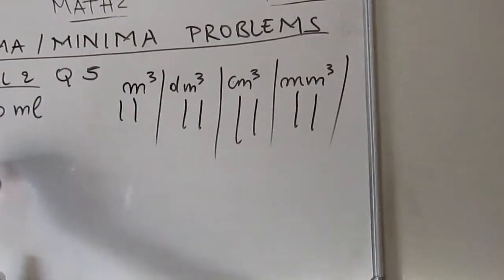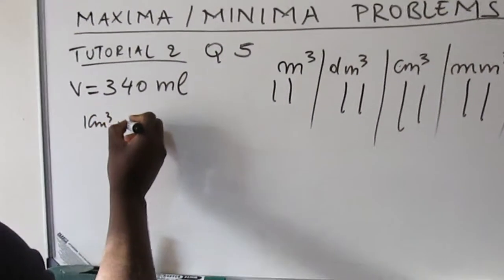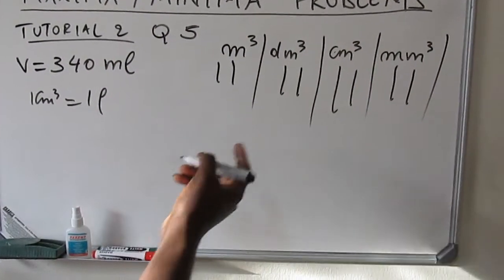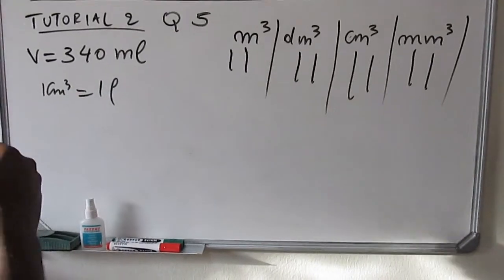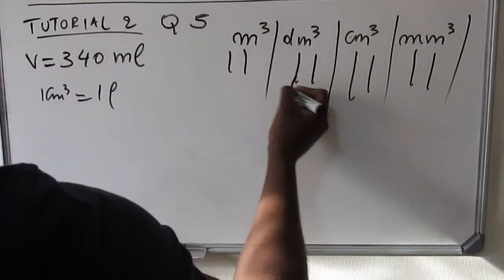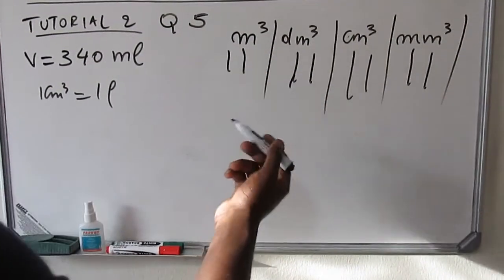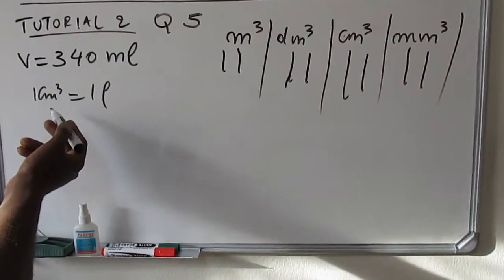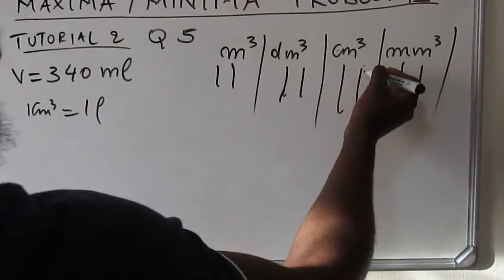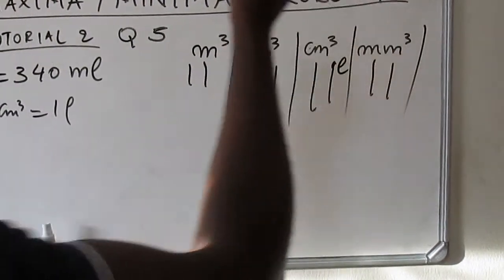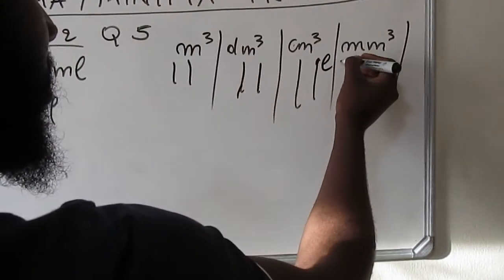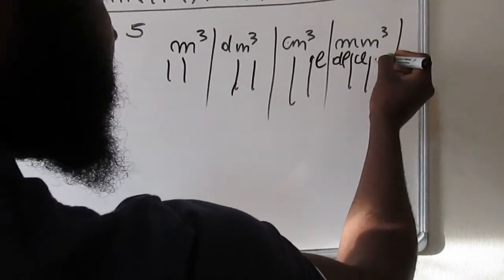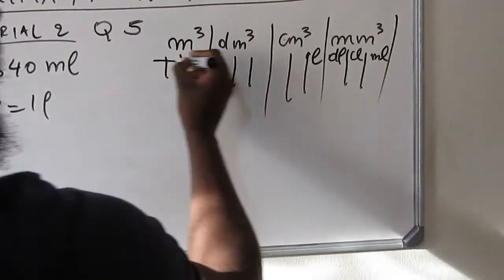What you need to know here is that 1 centimeter cubic is equal to 1 milliliter, okay? But in this case, we have 340 milliliters, and you have to know the relation between meter cubic and liters, okay? So 1 centimeter cubic is equal to 1 milliliter. We're going to put the liter, then deciliter, centiliter, and milliliter, okay?